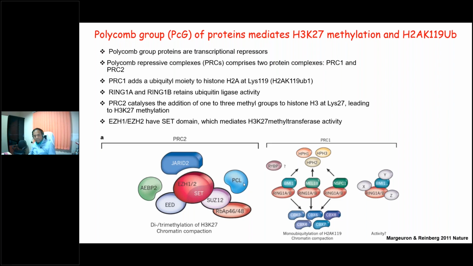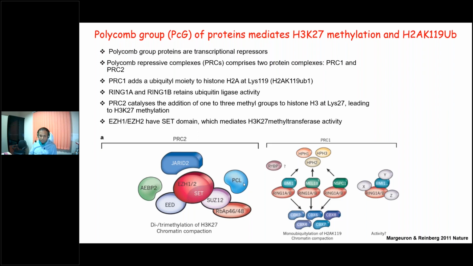Okay, so basically, like I said, any mark that opens the chromatin is an activation mark. Any mark that closes the chromatin is a repression mark. So the H3K27 trimethyl mark and the H2A K119 ubiquitination mark are repressive marks.